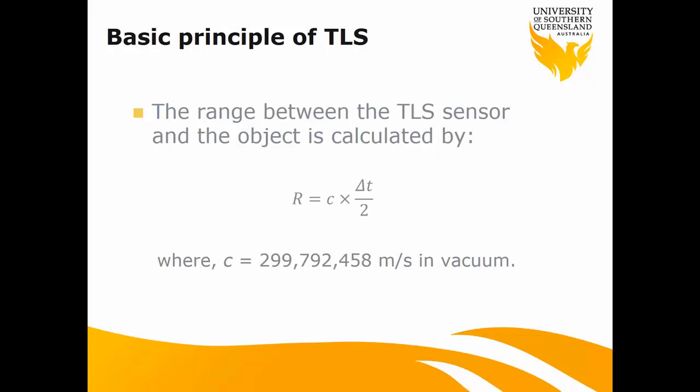The basic formula of the terrestrial laser scanner is quite similar to the EDM. We measure distance, and by this formula, if we can measure the time the laser beam travels from the instrument to the object and then returns to the instrument, and if we know the velocity of the laser beam, we can calculate the range.